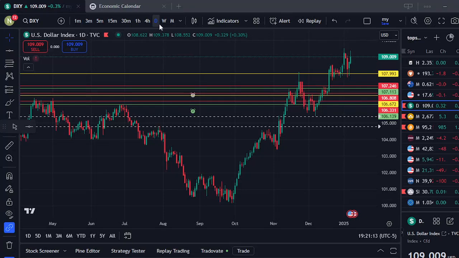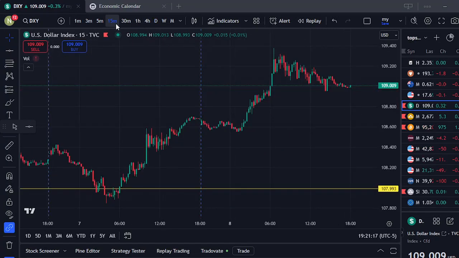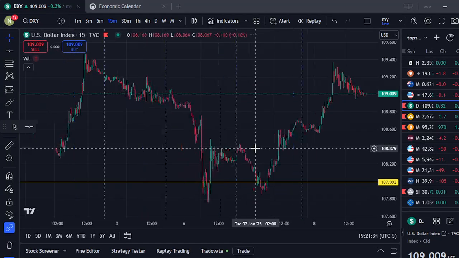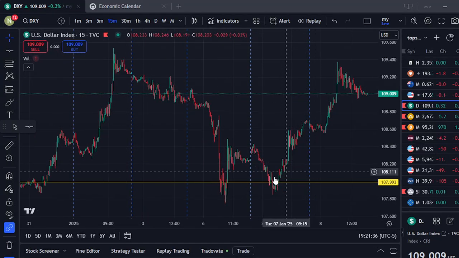I wouldn't say it was much of a news event per se, but as you can see, today is January the 8th, and at 2 o'clock, in and around here, is when we started seeing the spike, and the market climbed up towards highs. We broke the previous day's highs.